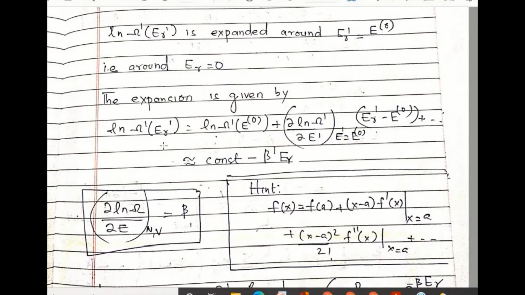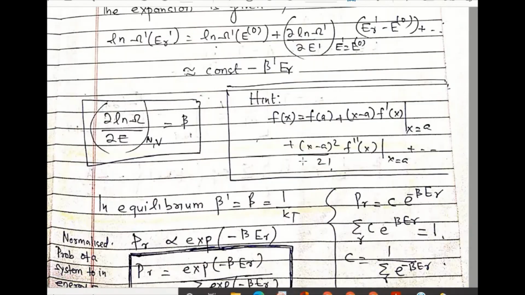The further terms are neglected, and this will be a constant, which we learned when we were discussing entropy in the beginning. So dou ln omega by dE at constant N, V is actually beta. Here it is omega prime, so we write beta prime. Beta is dependent on temperature, so in equilibrium beta prime is equal to beta is equal to 1 by kT.